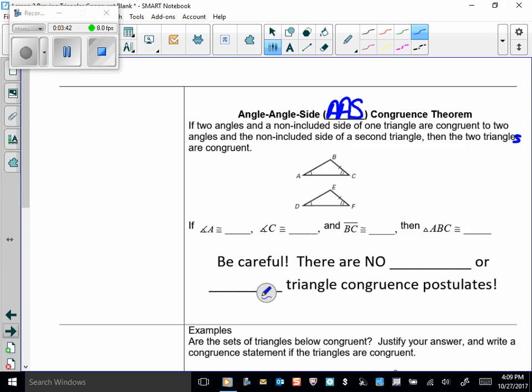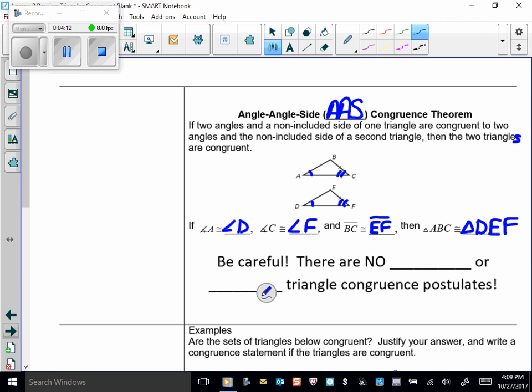So you see here I've got angle A congruent to angle D. I've got angle C congruent to angle F. And then I've got this non-included side because it's not between these two angles this time. BC is congruent to side EF. And because of this new postulate, I know therefore that triangle ABC is congruent to triangle DEF.